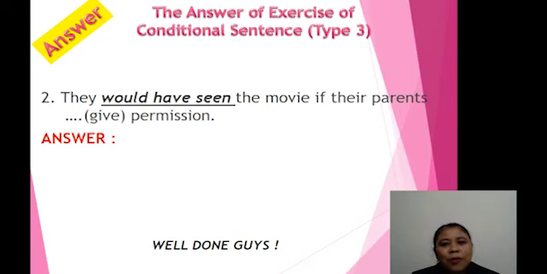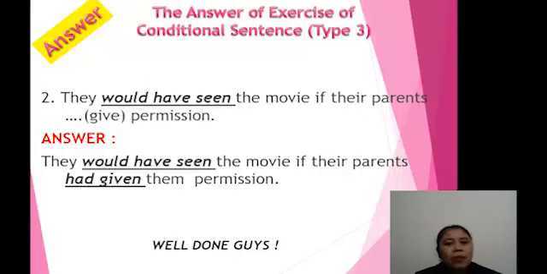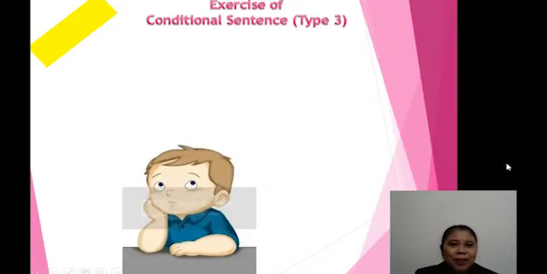The answer is: they would have seen the movie if their parents had given. Given is the third form of give. So the formula is had plus verb 3. It becomes had given. They would have seen the movie if their parents had given them permission. Very good, you have already understood.